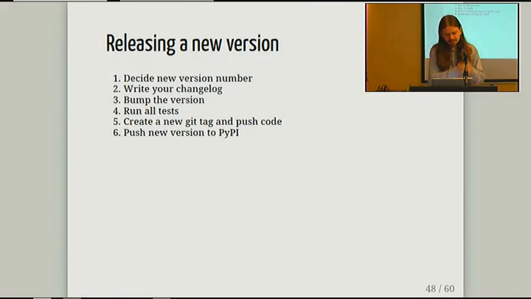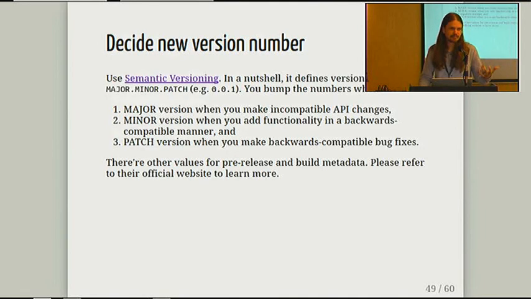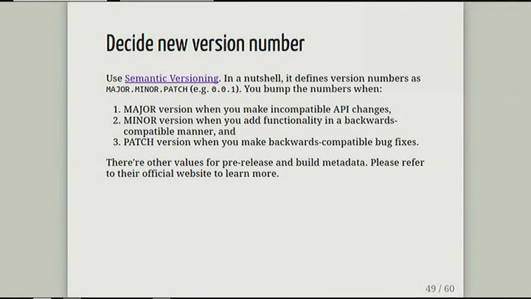Releasing a new version. How to release a new version. There's a small checklist of things to do, like decide the version number and write your changelog. Let's go over it. Version number: please just follow semantic versioning. That's a pattern that many projects follow. What's version 1.0.3, for example? What does each part mean?